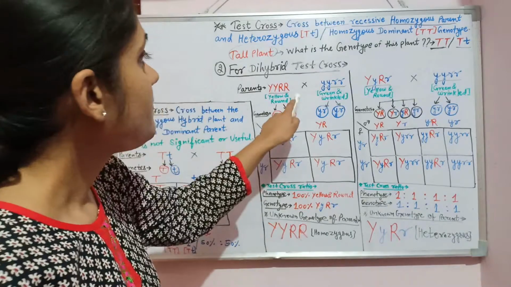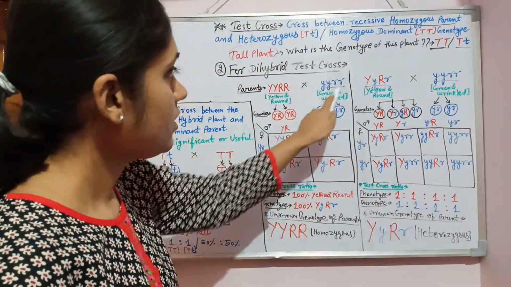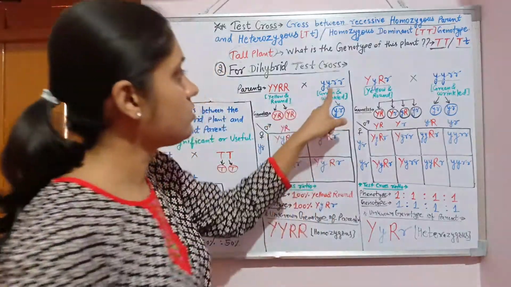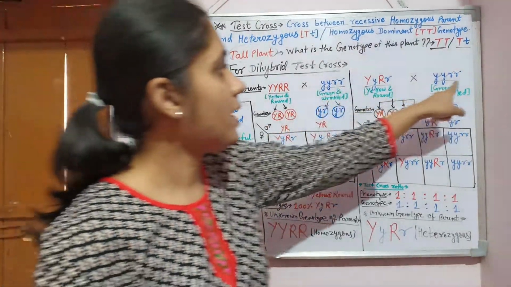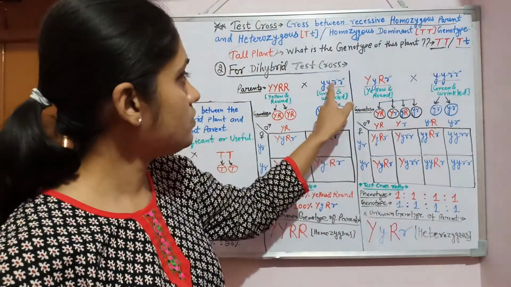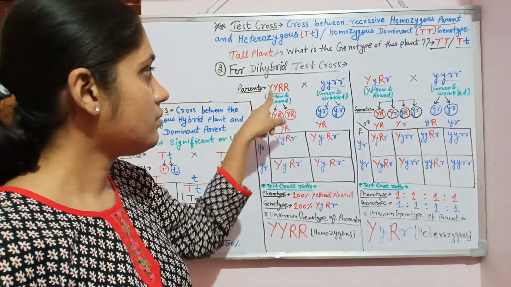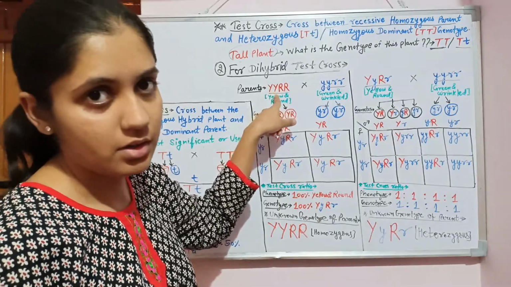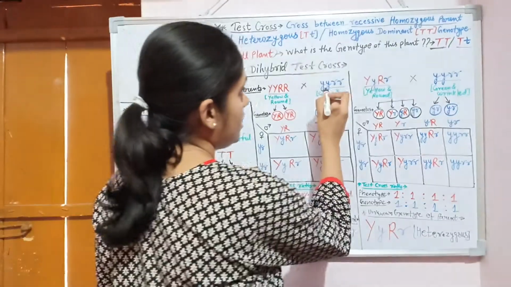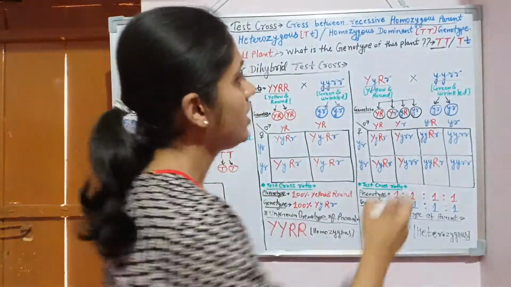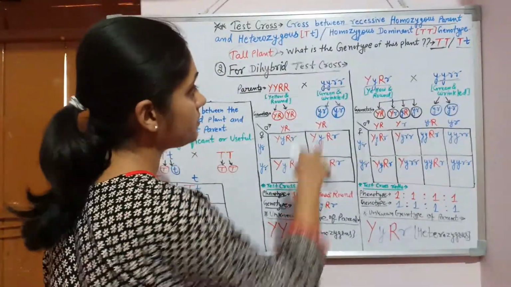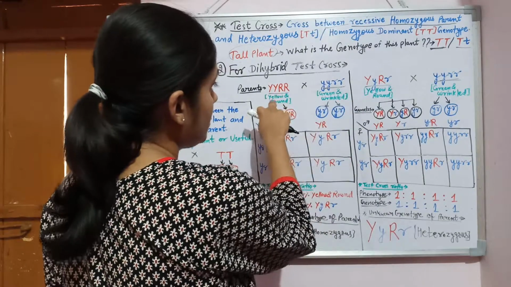And here we took this recessive parent. Test cross means we always take the recessive parent. We cross this recessive parent with another parent, and we don't know the genotype of this parent. Here this recessive parent and this recessive parent are similar.